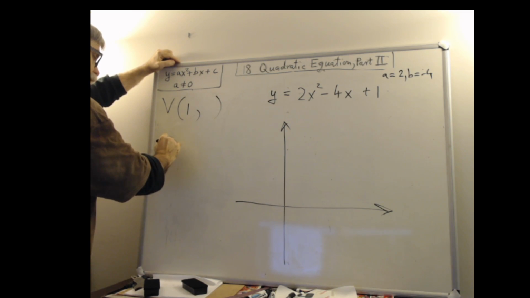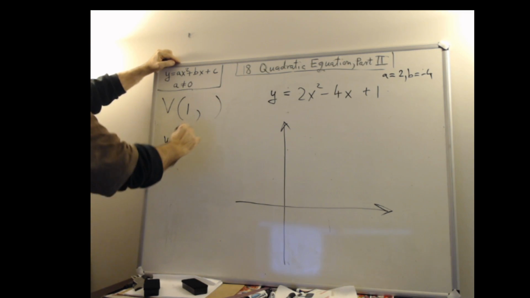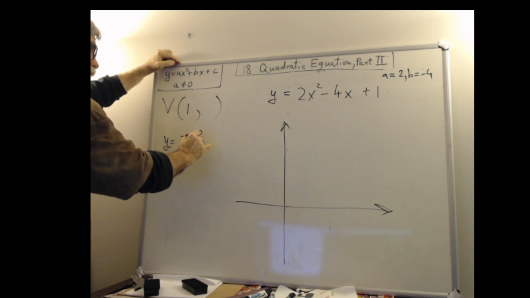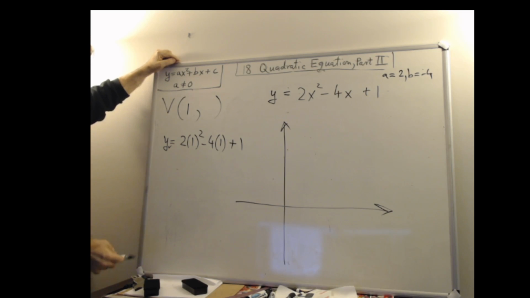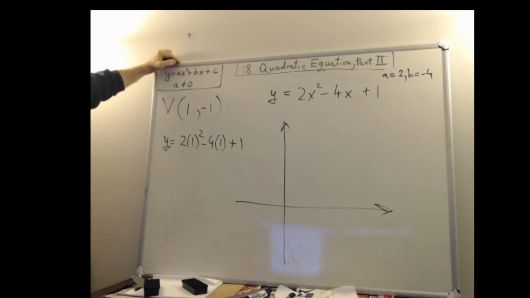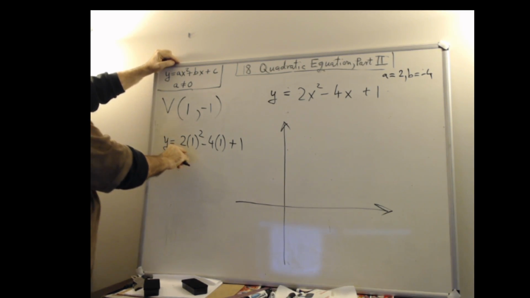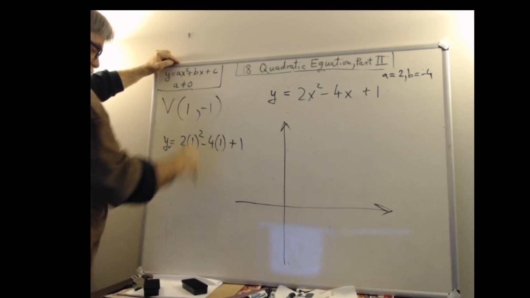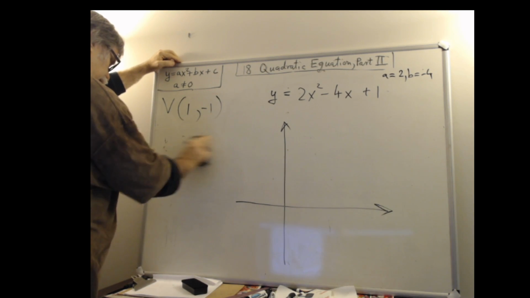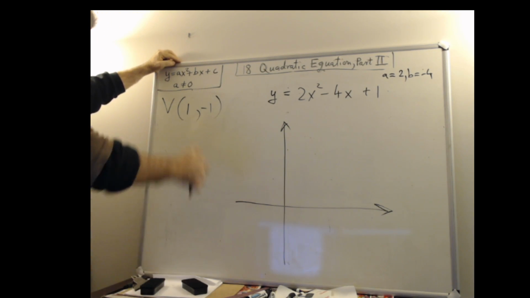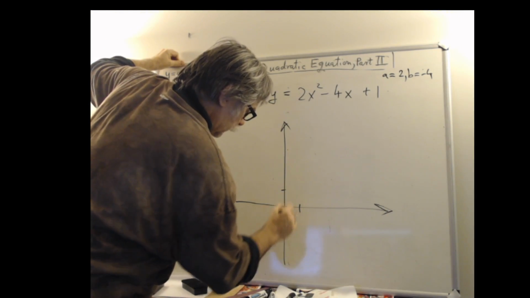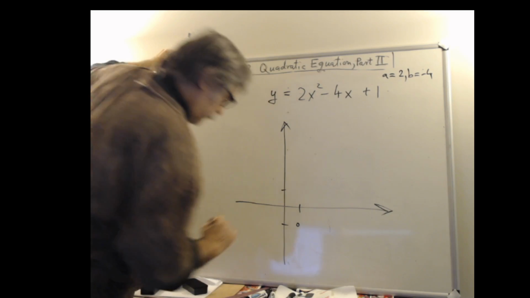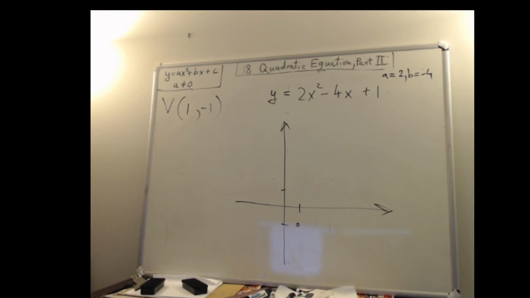So you have y of the vertex is 2 times 1 squared minus 4 times 1 plus 1. 2 minus 4 plus 1, negative 1. Right? 2 minus 4 is negative 2 plus 1 is negative 1. So we get the y of the vertex. So vertex is at 1, negative 1. Okay?